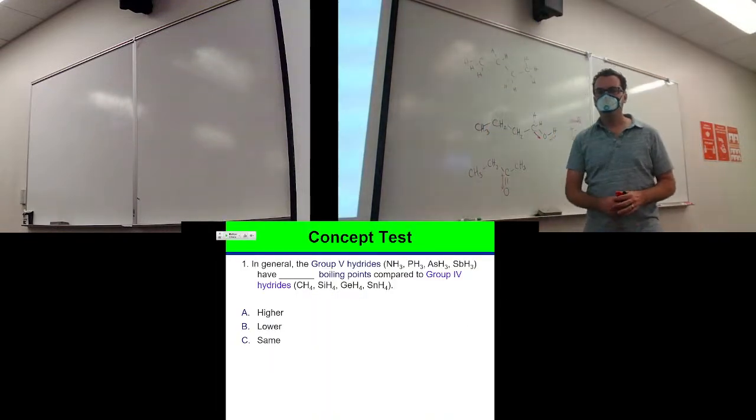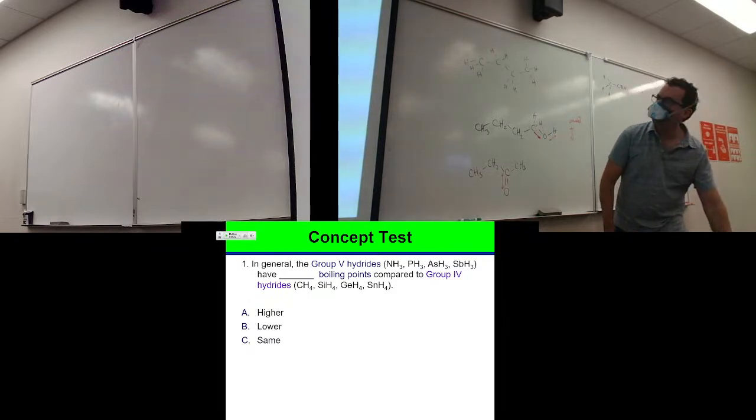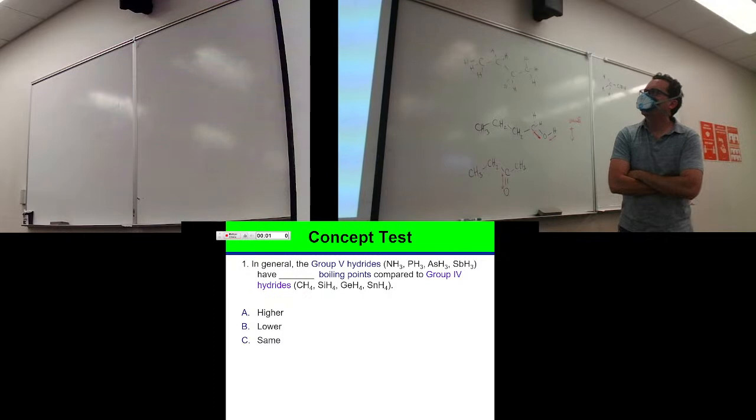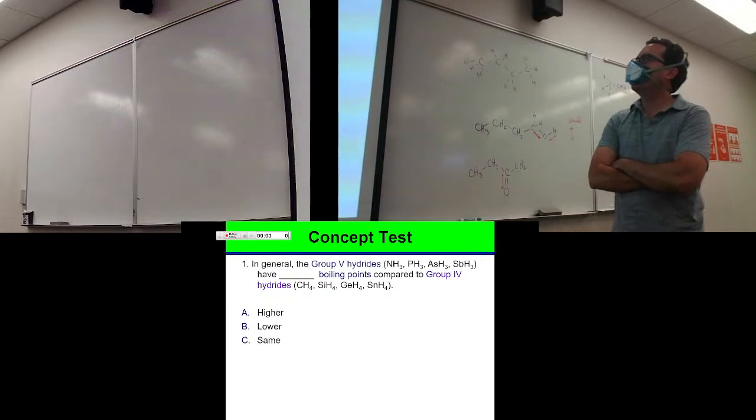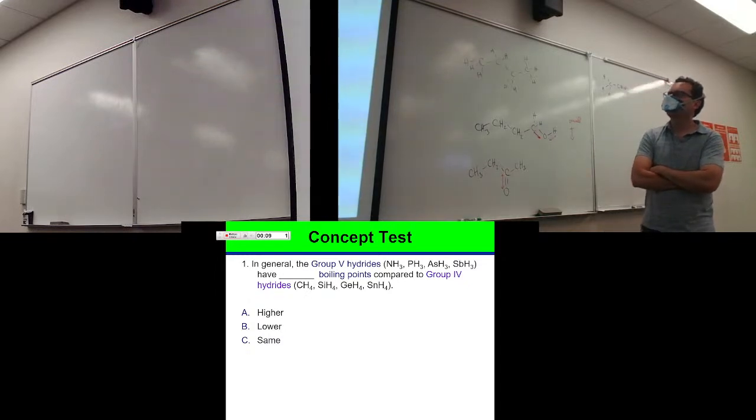So, if I compare the group 5 hydrides, their boiling points would be what compared to group 4 hydrides? This is a tricky one, actually.